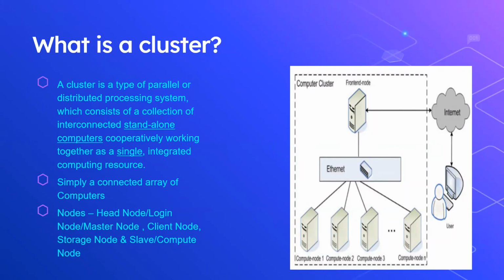Head node, login node or master node is actually used to run the major services. A client node or storage node, like a slave node, runs the services which are part of batch mode. In the sense, if we use a single system and run a simulation, it is interactive mode.